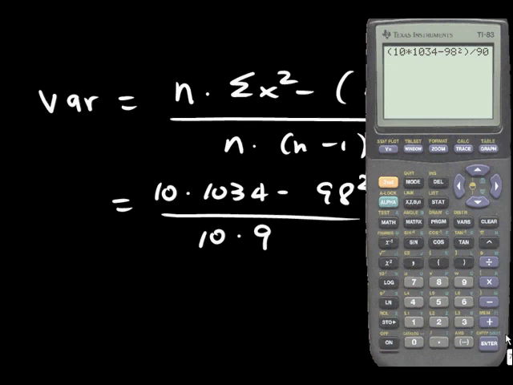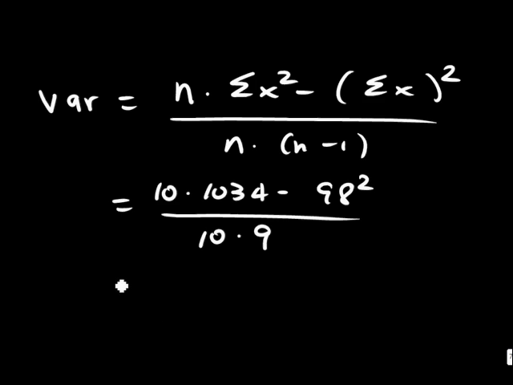Let's approximate this to the nearest tenths, hundredths, thousandths: 8.178. This is S squared, approximately 8.178. This is what I need.